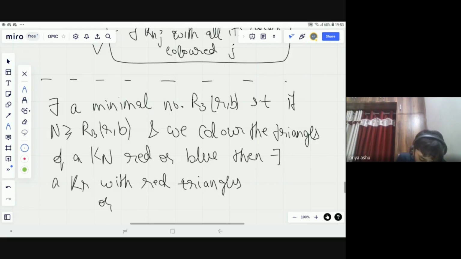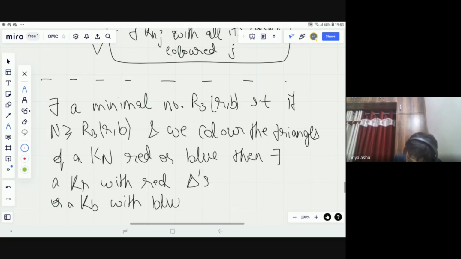Oh wait, I want to write this with red triangles, so like these are triangles, just because I'm very lazy. Or a KB with blue triangles.